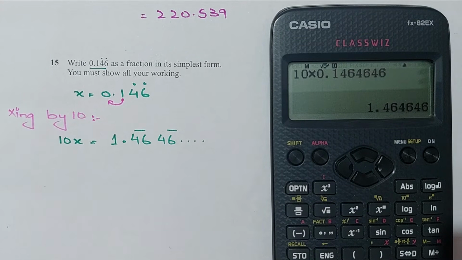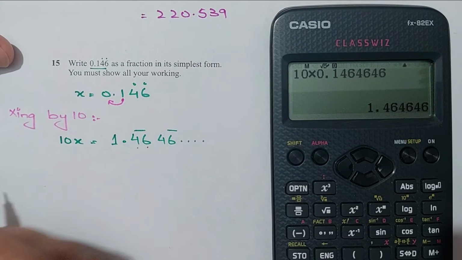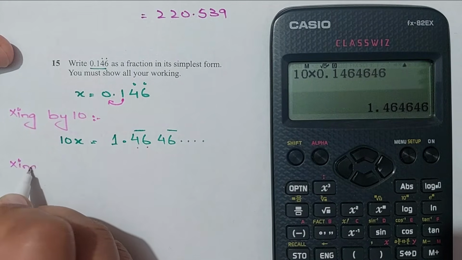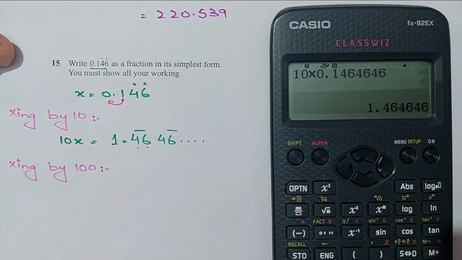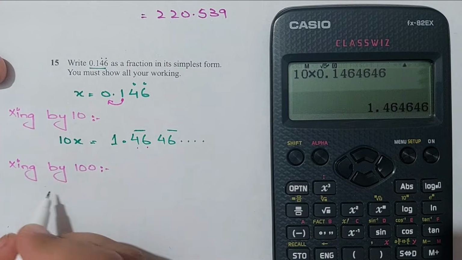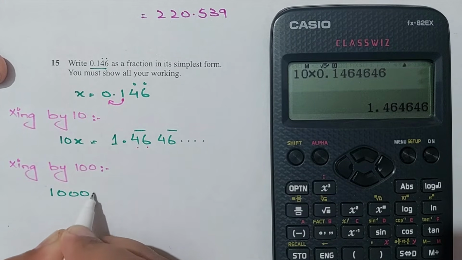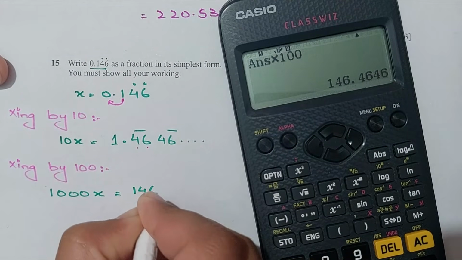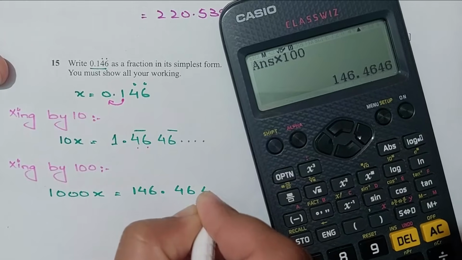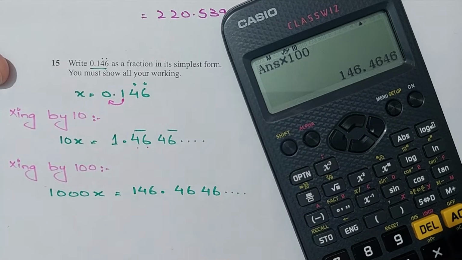We are multiplying by 100, because 100 has two zeros and there are two recurring digits. Now multiplying by 100, so 10 times 100 is 1000x, and this times 100 is 146.4646 recurring.